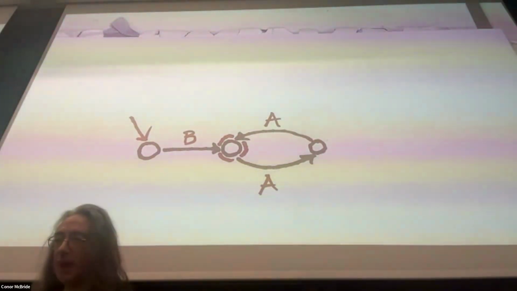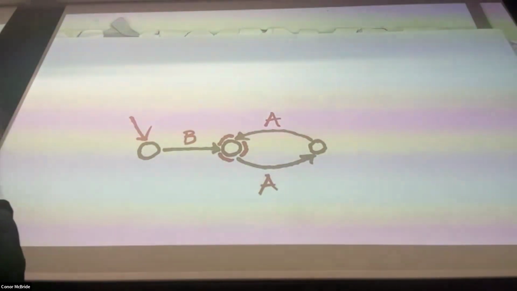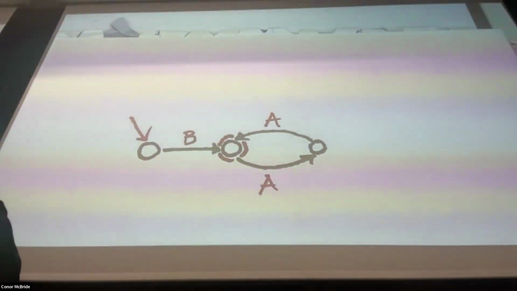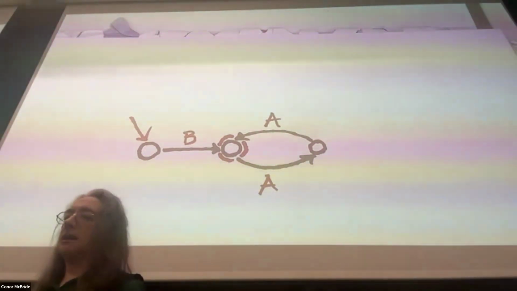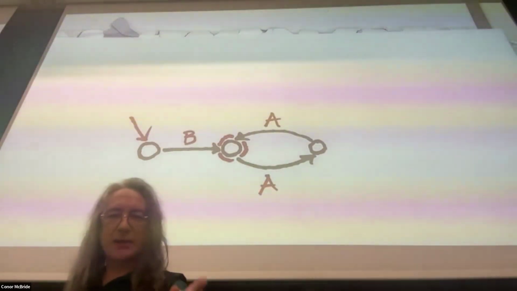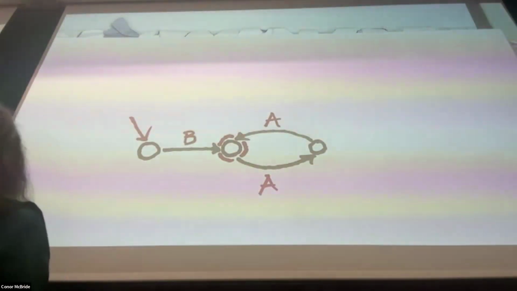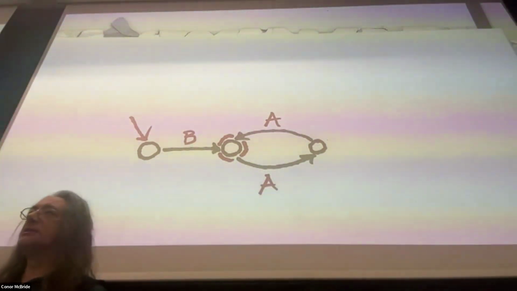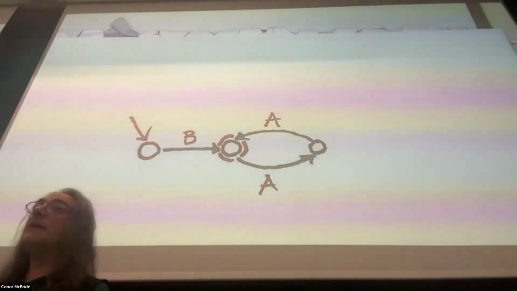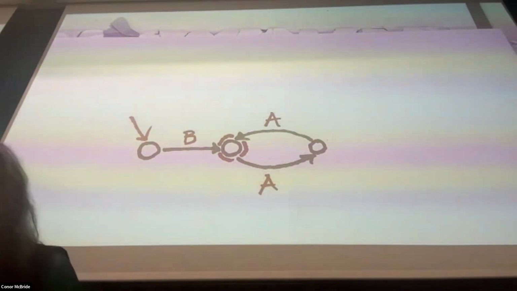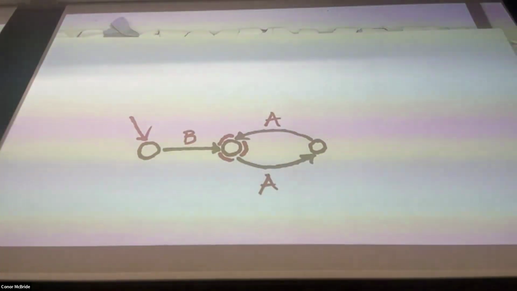So you can see that this machine will accept the input, what? Okay, no, I see why that's backwards. This will accept the input if the first symbol in the input is a B, and following that, an even, possibly 0, number of A's.